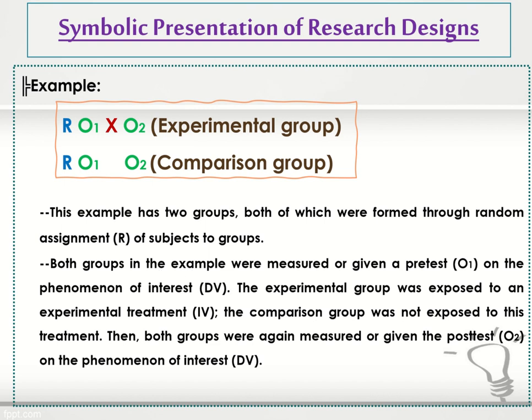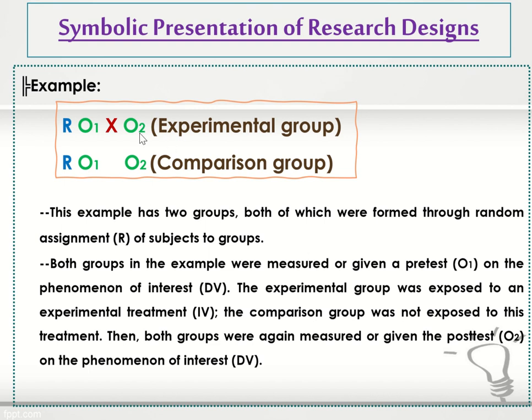And then the experimental group was exposed to an experimental treatment, which is our independent variable as indicated by this X. So the comparison group, on the other hand, was not exposed to this treatment. Kaya wala tayong X dito. So sa experimental group lang yung merong X. Ibig sabihin, naibigay sa kanya yung treatment or yung intervention, which is our independent variable.